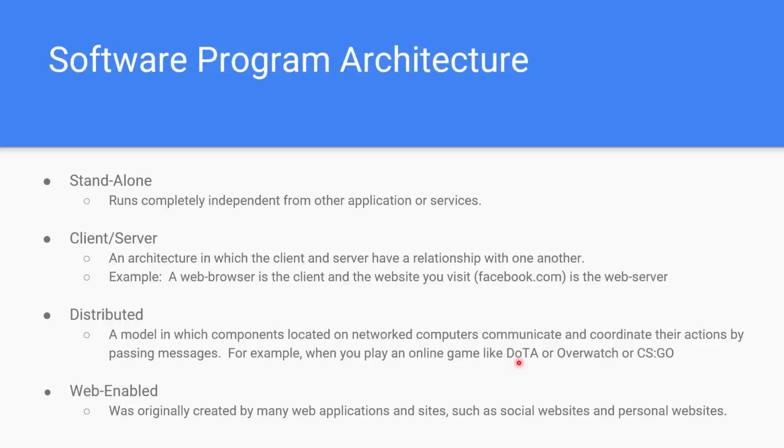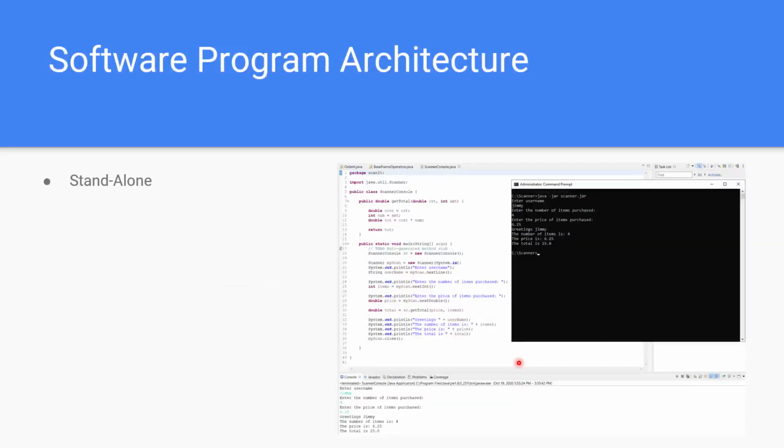And then web-enabled is a specialized set of distributed computing using web technology, or let's just say using a web architecture where we have a special application called a web server or web application server, and we're also using a database. So if we look here again at the standalone, this application here is running, and it's only using what's available on the runtime machine where we are running it.